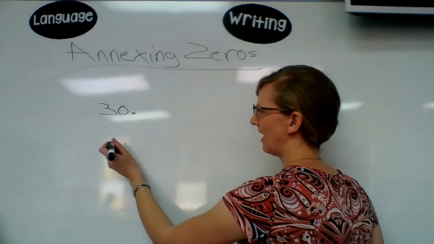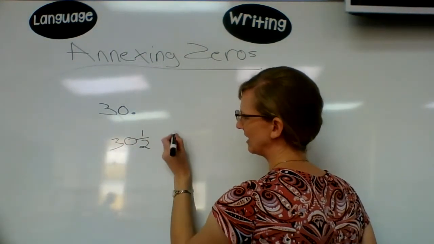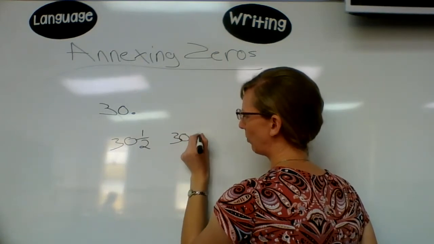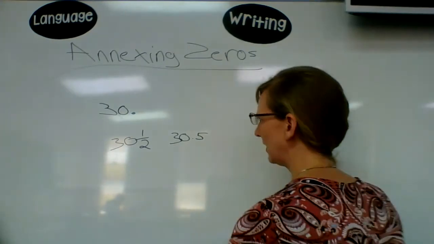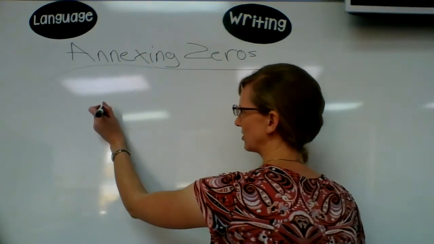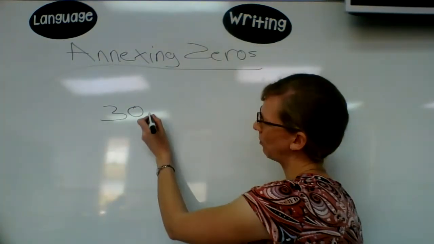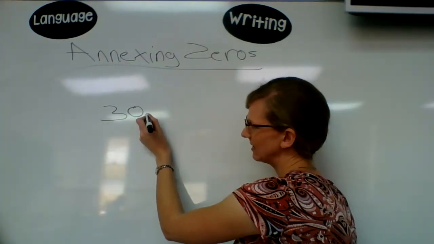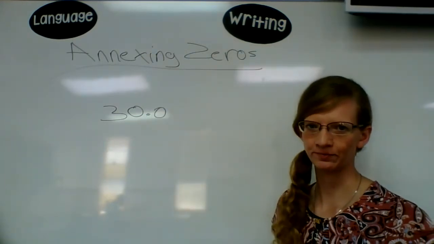So let's say I had 30 and a half. If I wanted to do that as a decimal, I would do 30.5. And that means I have 30 and a half. But if I have just a whole number, so let's say I just have 30, what I can do is add a decimal point and add a 0. Now, has that changed how much I have?